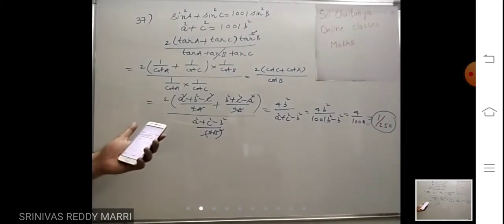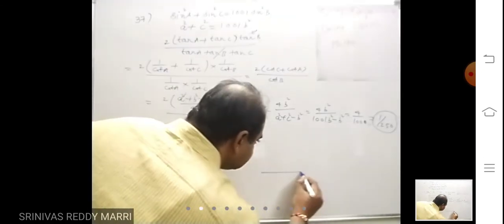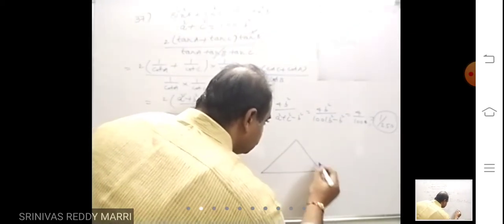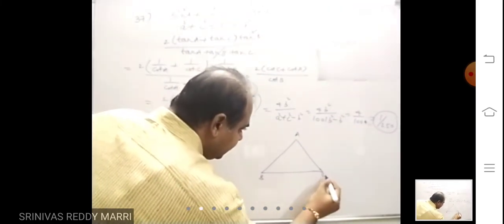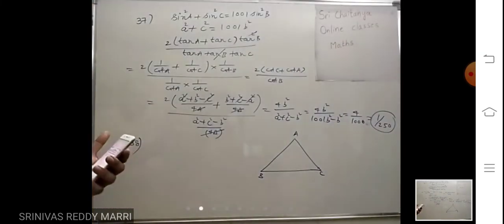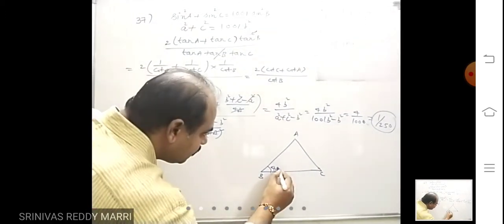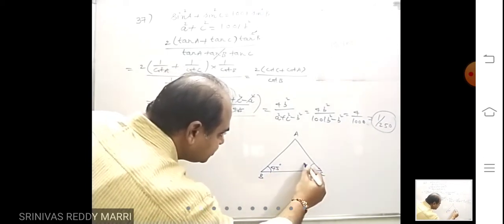Look at the next question, number 38. Everybody will have doubt. Right? How to approach this problem? So in triangle ABC it is given like this. In triangle ABC, it is given that angle B is 45 degree, and this is 30 degree.